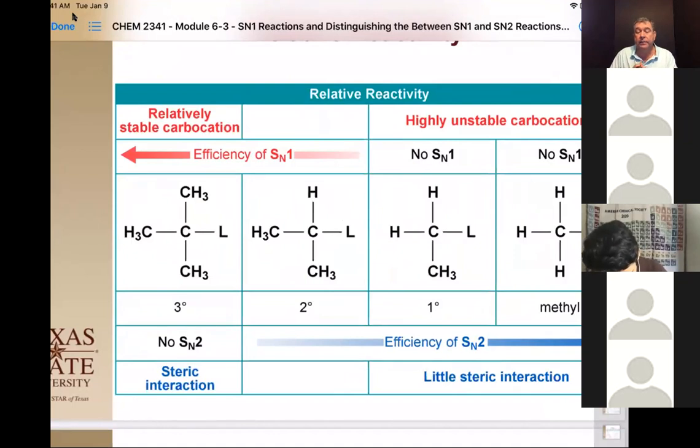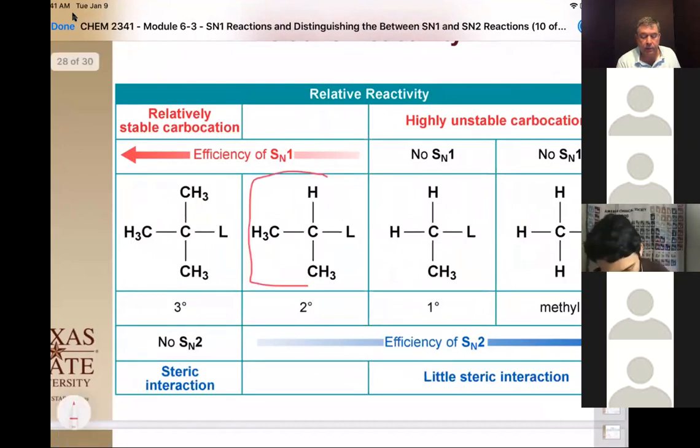It's only going to go SN2 because there's very little sterics. In the case of the secondary, we look at leaving group, sterics, solvent, nucleophile. If you compare and contrast those four things, you can tell whether it's going to be an SN1 reaction or an SN2 reaction.